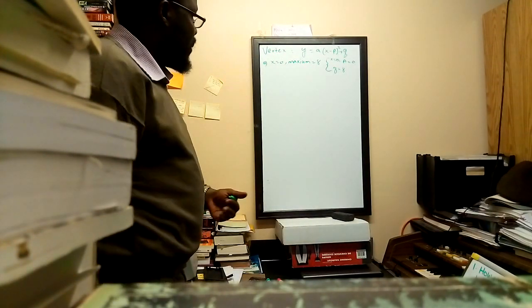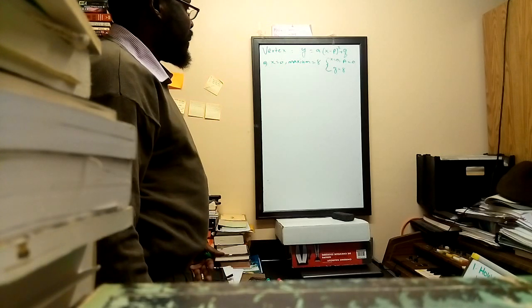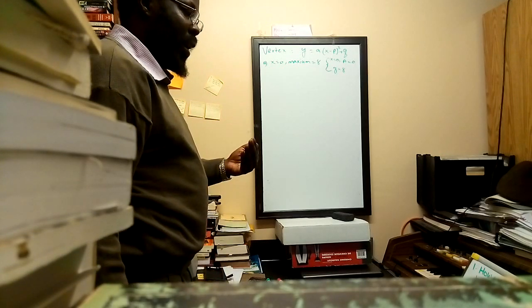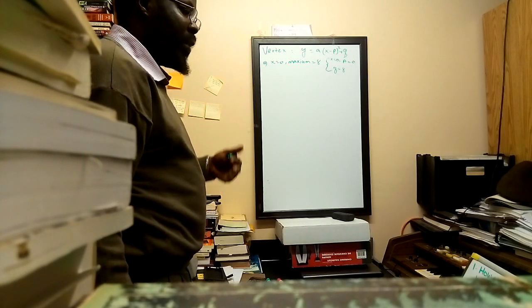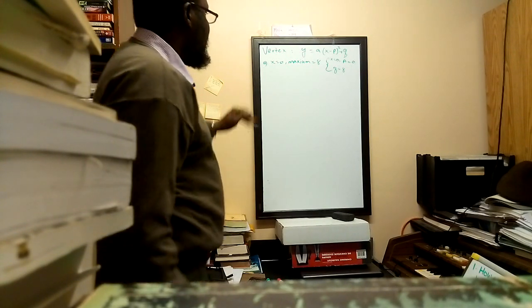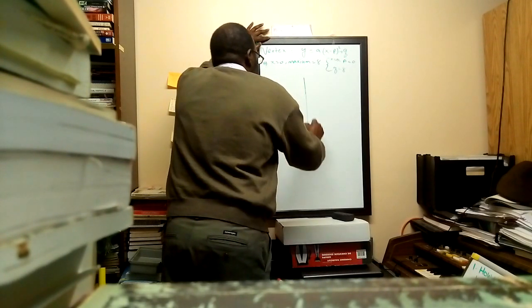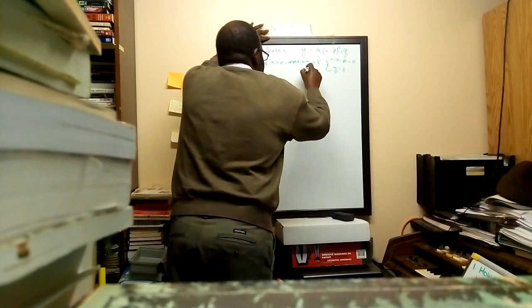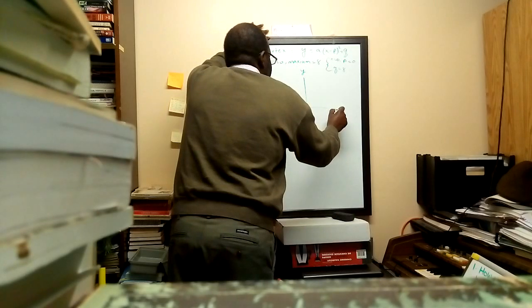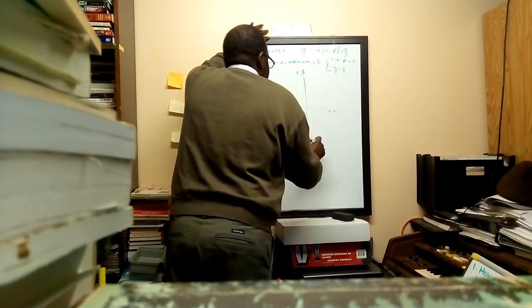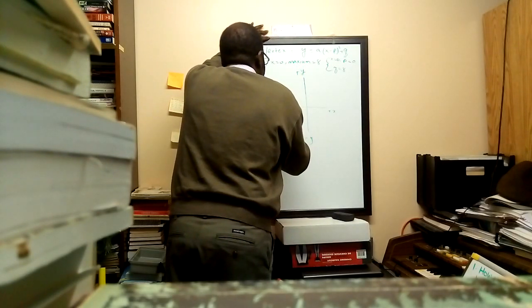And then we use a graph to analyze our problem, whether we have two x-intercepts, or positive, negative, or zero intercept. So now let's do that. Our graph will look like this. We have positive y-axis, positive x-axis, negative y-axis, and negative x-axis.